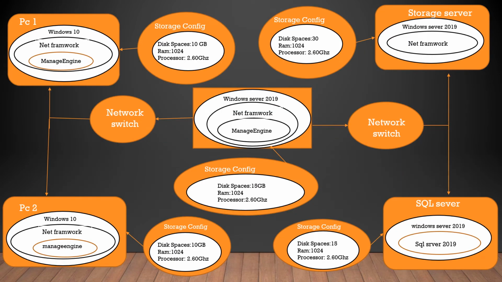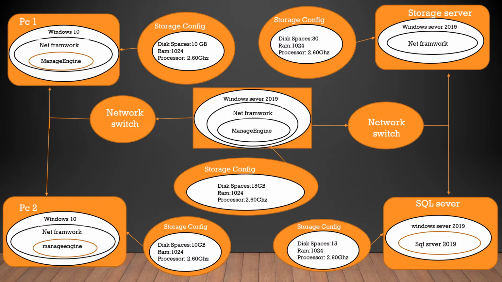This is my deployment view. This is the core of my system, which is the domain controller. The main controller will have Windows Server 2019, .NET Framework, and Manage Engine in it. The storage configuration is disk space of 15 GB, RAM 1 GB, and processor 2.660 gigahertz.